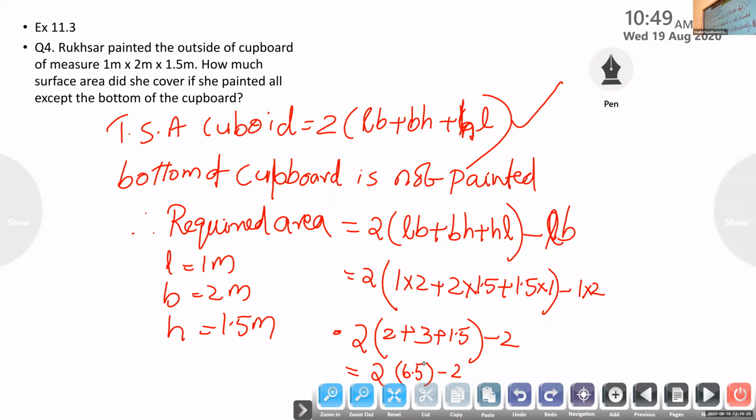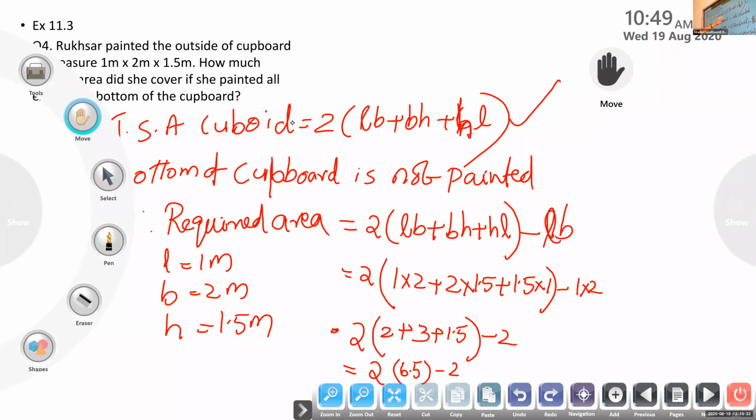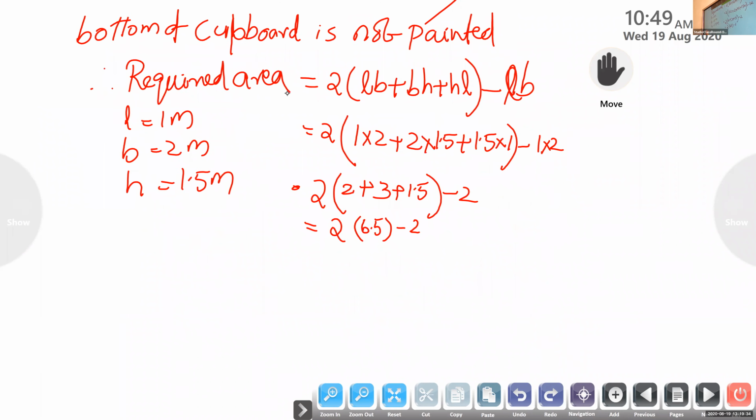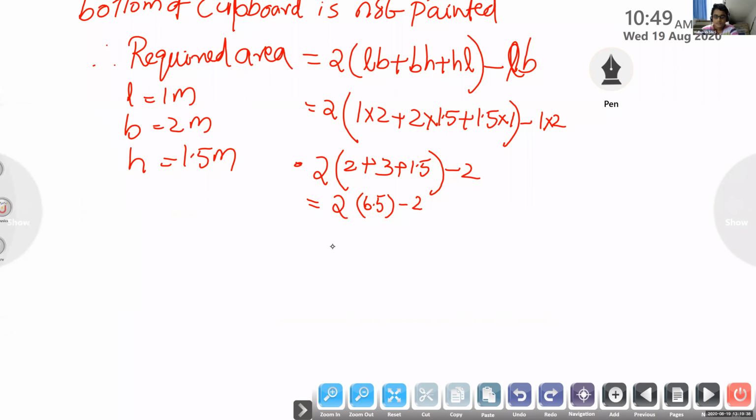Not 65, 6.5. So it is equal to 2 into 6.5, which is 13. 13 minus 2, 11 centimeter square.